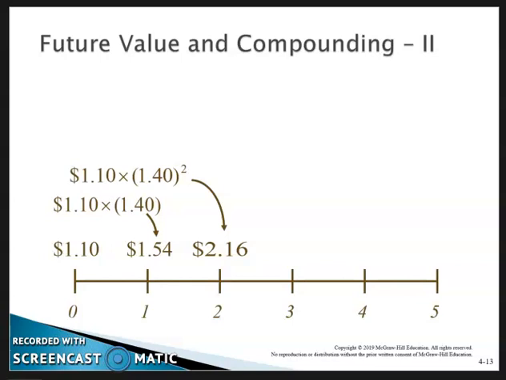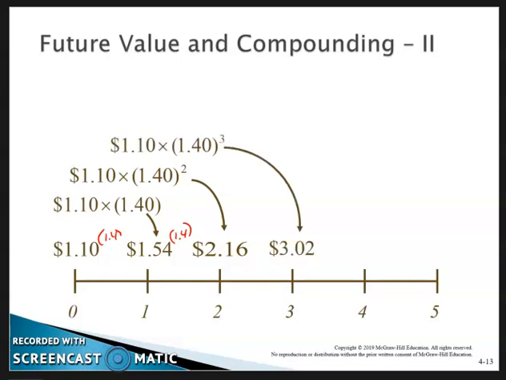Each year effectively we're multiplying by 1.4. So in this case, 1.54 multiplied by 1.4 is 2.16. Also, 1.1 times 1.4 squared is the same result.